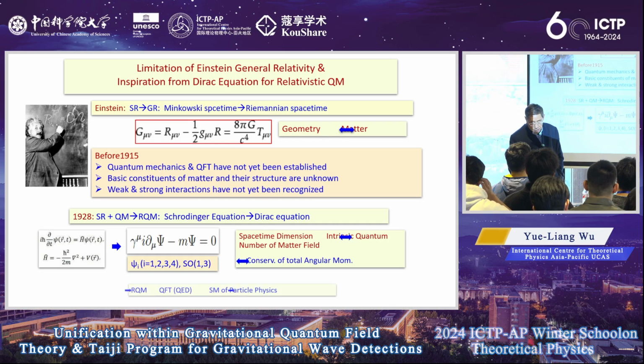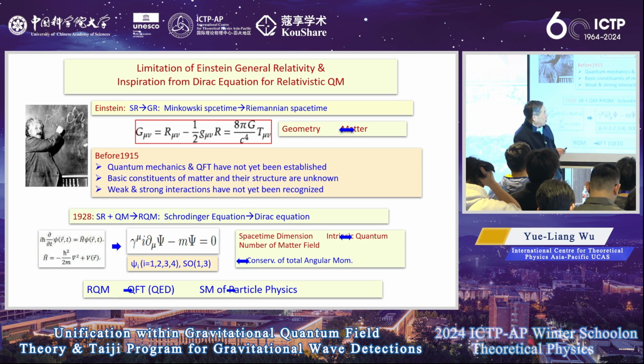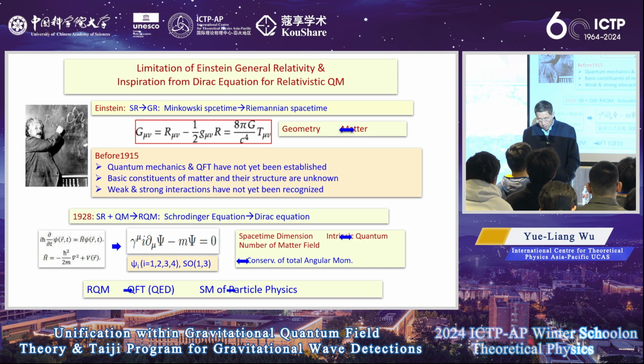And based on this relativistic quantum mechanics, people developed quantum field theories and established the standard model to describe electroweak interaction and strong interactions. So now we have both theories: general relativity to describe the macro world, and quantum mechanics to describe the micro world.